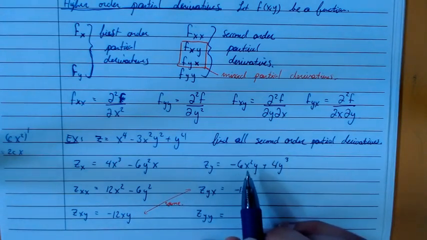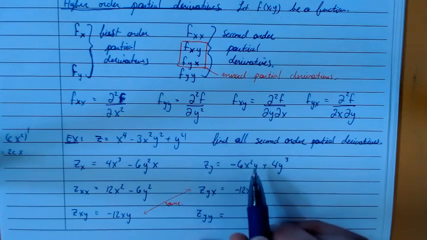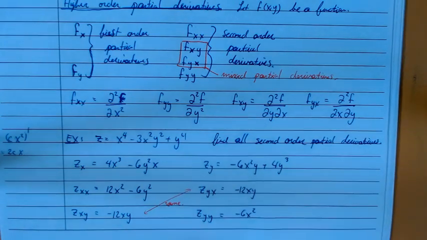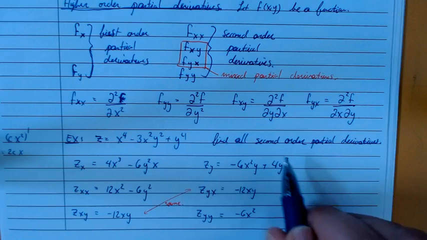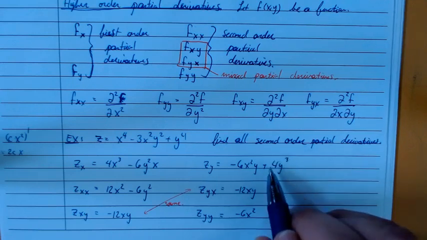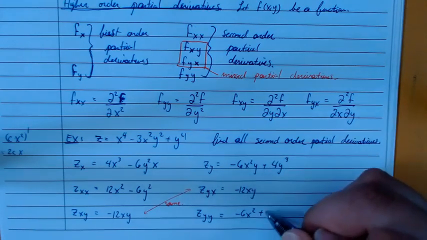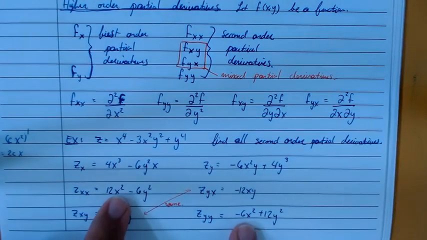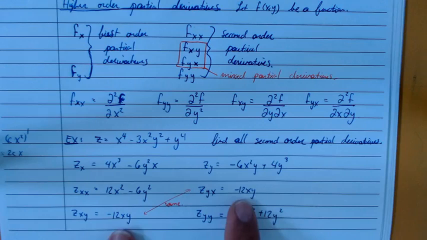Okay, well, with respect to y, this is basically just a constant times y, and the derivative is just that constant. So minus 6x squared. And then here, the derivative with respect to y, okay, take your 3, bring it down, subtract 1 from the power. These are not the same. They're not terribly different, but these two are exactly the same.